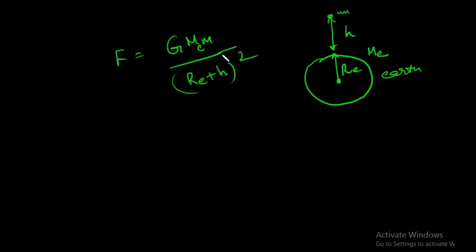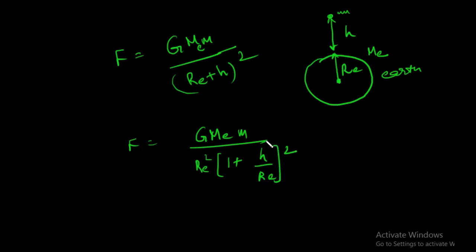So we now do a little manipulation over here. I am taking Re out, so we have Re square times (1 plus h by Re) whole square. I can write this because if I take Re square out, the 2 will be there and it will be in the bracket Re plus Re into h by Re.